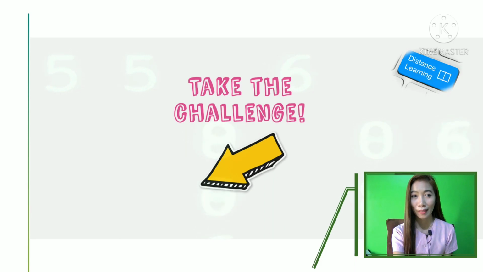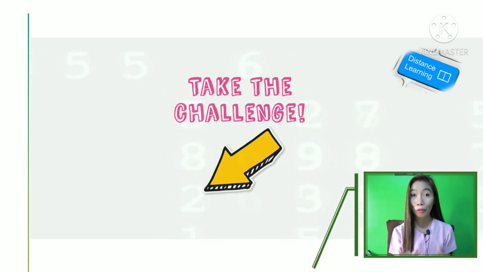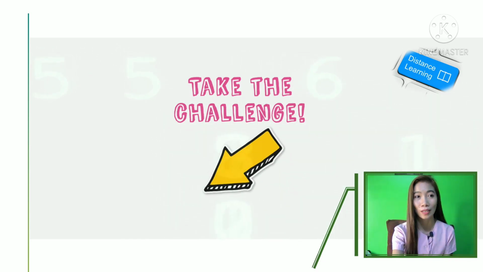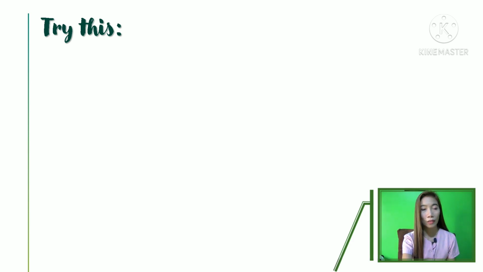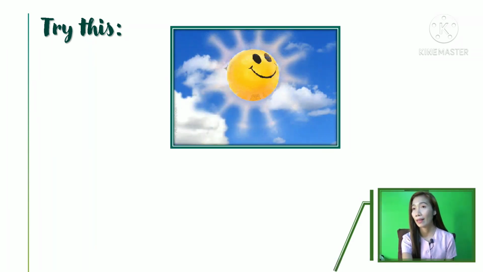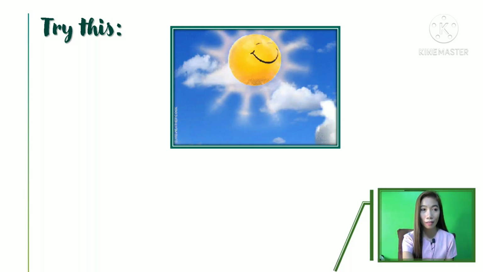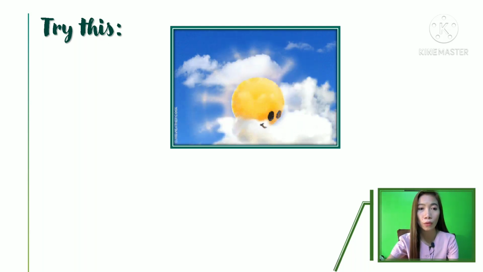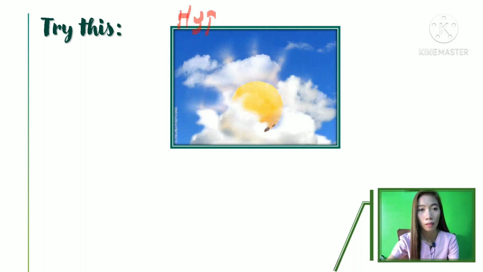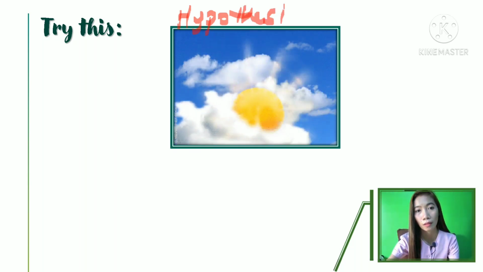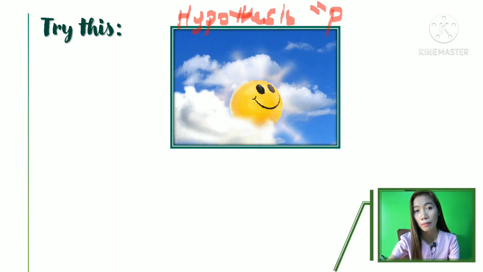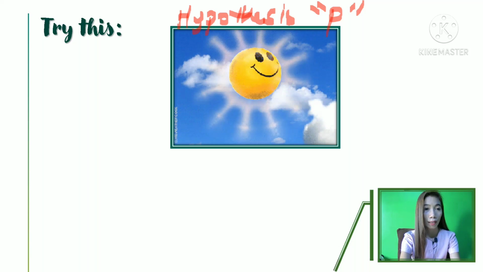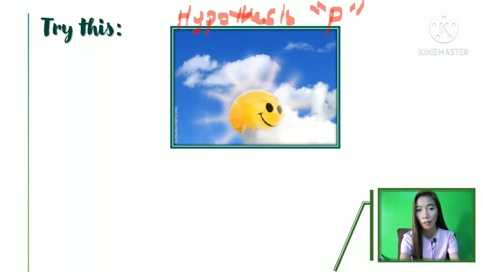So for this one, I want you to try to construct or formulate your own conditional statement. So I want you to take this challenge. Here I will show you 4 animated pictures. So this picture first here, you are going to use this one to formulate your hypothesis, or like I said, that will be your variable P. And then I have here 3 pictures.